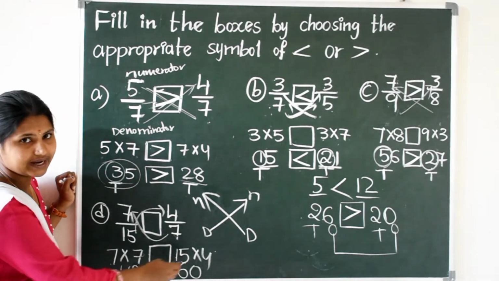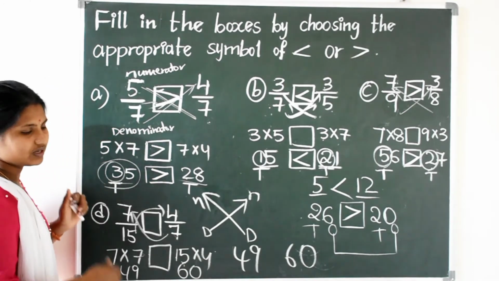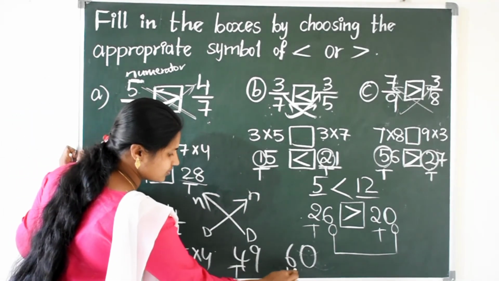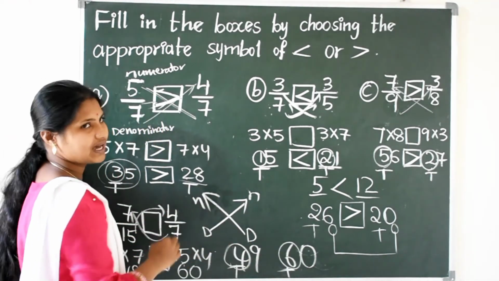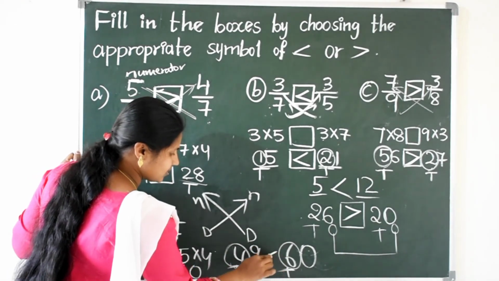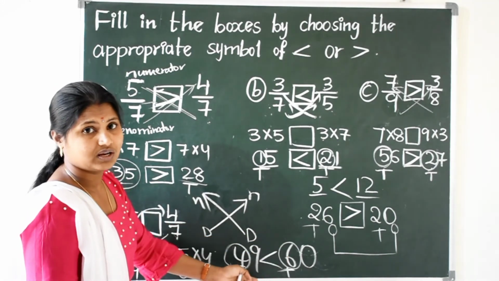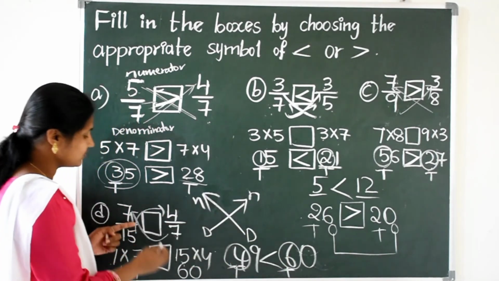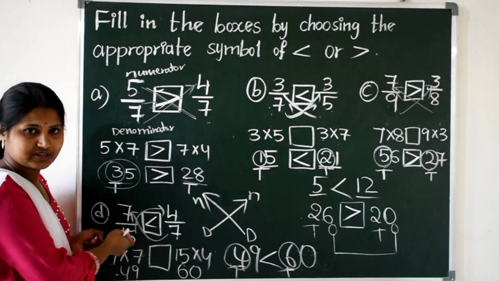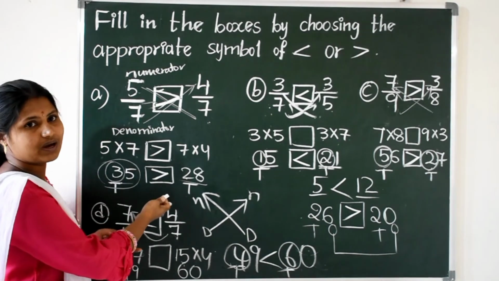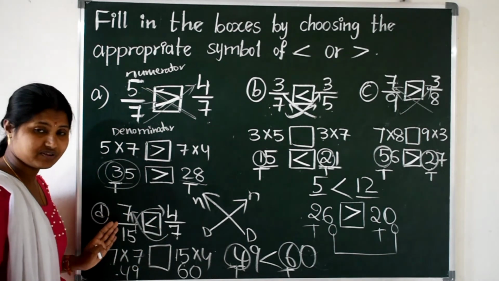Compare the tens place value, 4 and 6. Which is greater? 6 is the greater number. So 60 is greater. So 49 is less than 60. So which symbol comes? Less than. Therefore 7 by 15 is less than 4 by 7. It means 4 by 7 is greater than 7 by 15.